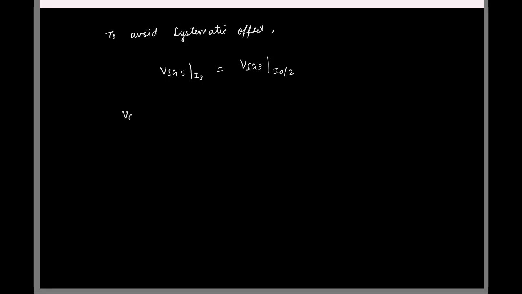And I mean, in general, what is VGS minus VTH in terms of the transistor parameters? Root of 2I by mu n Cox W by L, right?